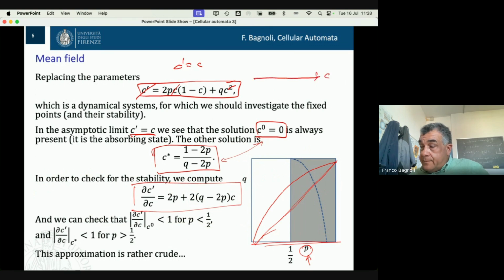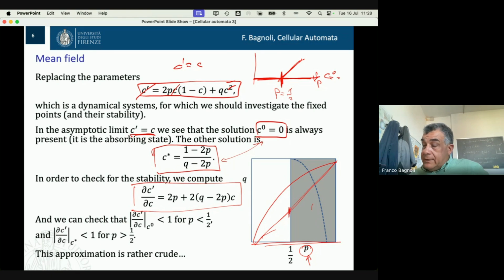So this is p. The solution C equal to 0 is always present, while the solution C star appears at a certain value of p, which is 1/2 here.